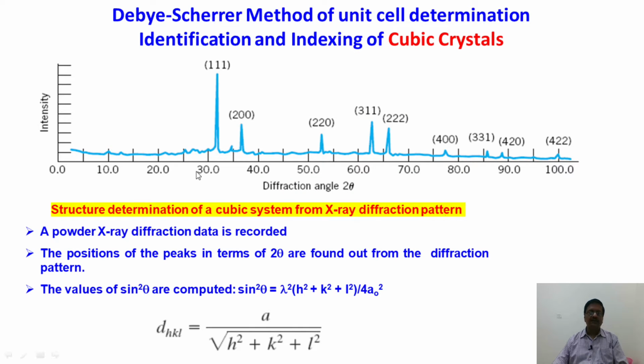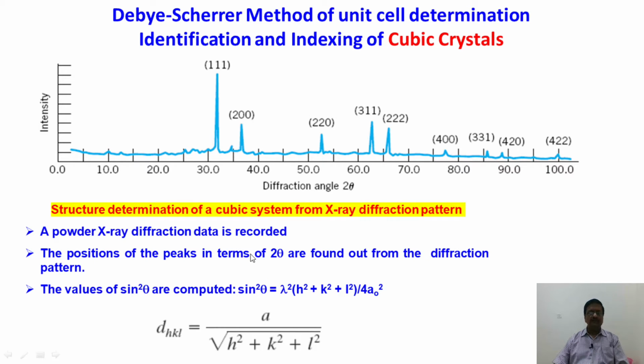On modern-day diffractometers, what we get in a powder diffractometer is the intensity versus diffraction angle 2 theta, and using the values where the peaks appear, one can identify the values of HKLs that you see in the figure given above.